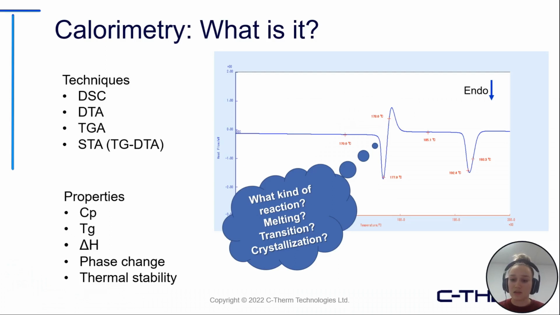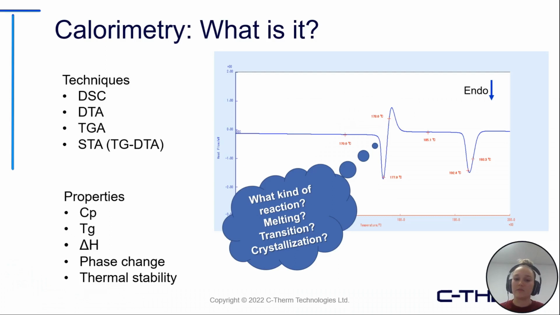Additionally, TGA is a method where the sample's change in mass is measured during heating, cooling, or temperature hold. It can be a standalone instrument, and can also be within a combined system like STA. STA, or simultaneous thermal analysis, is really just a combined system of TGA and DTA or DSC.